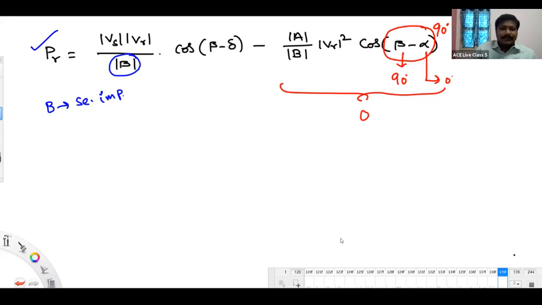Yes or no? Yes. So we can neglect the effect of the shunt admittance while we are going for the power equations further. That's the second assumption we are going to make.